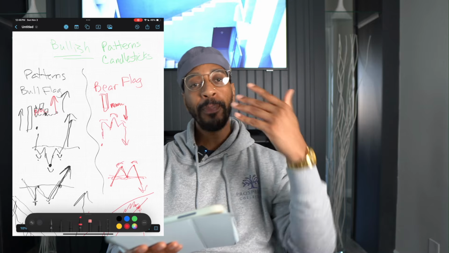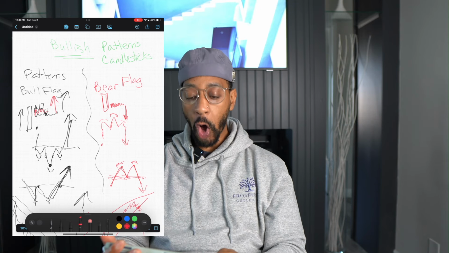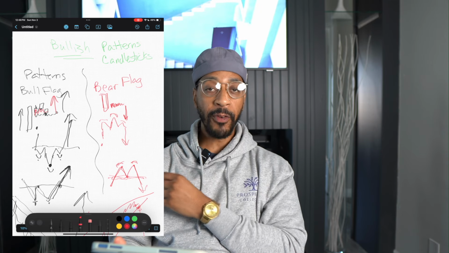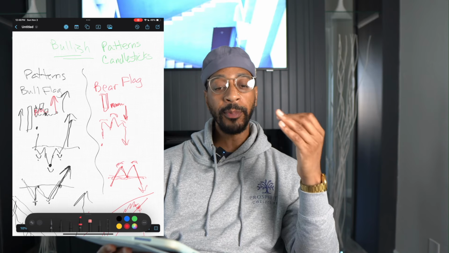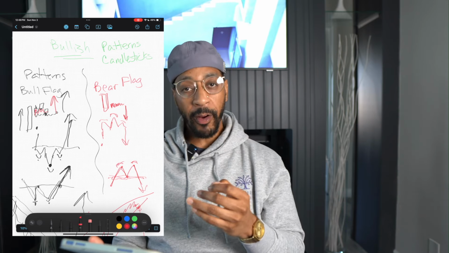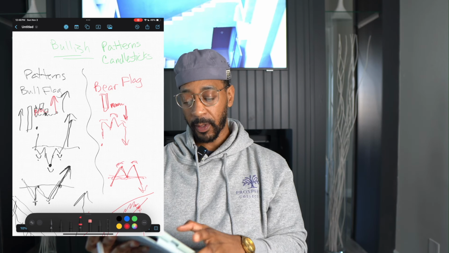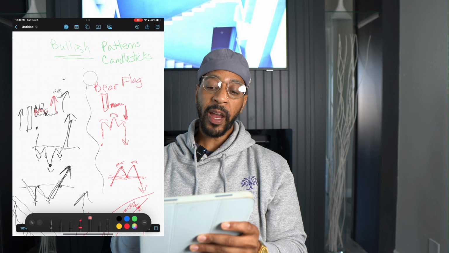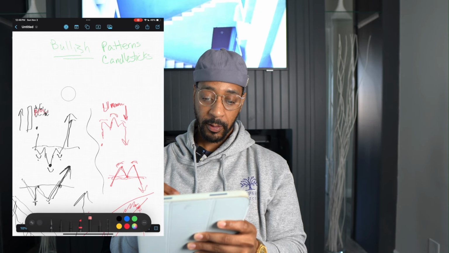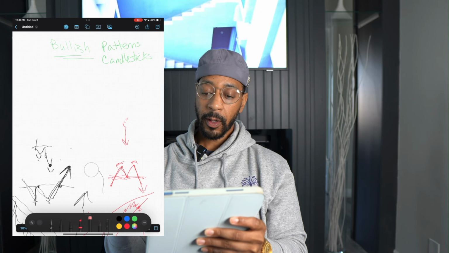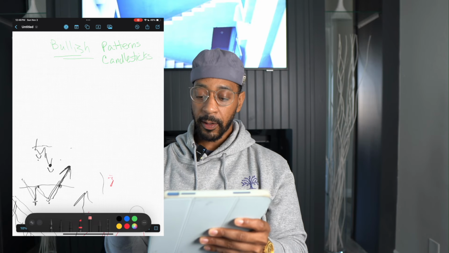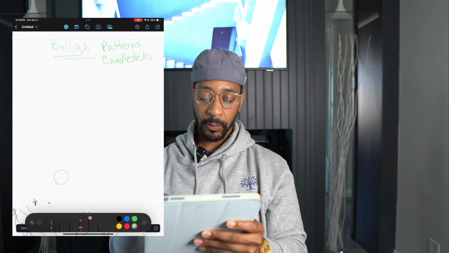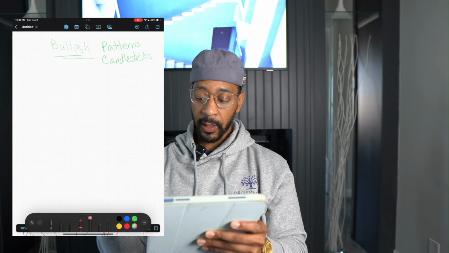So if you see these patterns on any of these time frames, then you'll know if something is bullish or bearish. Okay? So that's the first thing right there. Bullish or bearish patterns. The next thing that we're going to go over and break down is candlesticks.